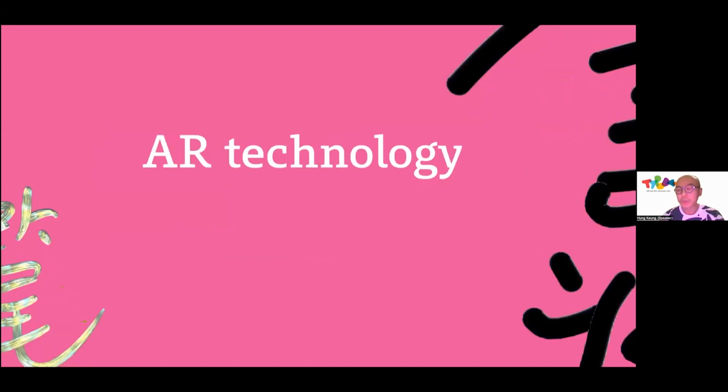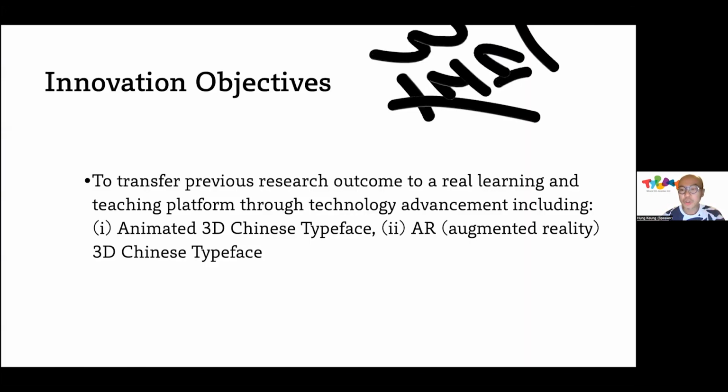So we try to introduce different kinds of methods. First of all, to introduce a new way of Tai Chi, and on the other hand, we would like to arouse interest. So we would like to do animated Chinese character typeface and AR technology.